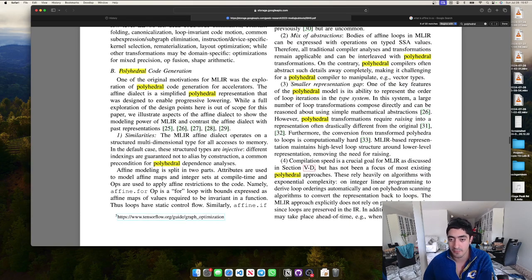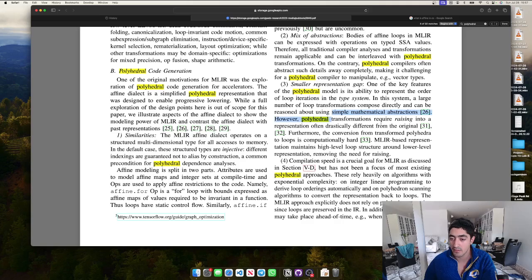Alright, smaller representation gap. One of the key features of the polyhedral model is its ability to represent the order of loop iterations in the type system. In this system, a large number of loop transformations compose directly and can be reasoned about using simple mathematical abstractions.